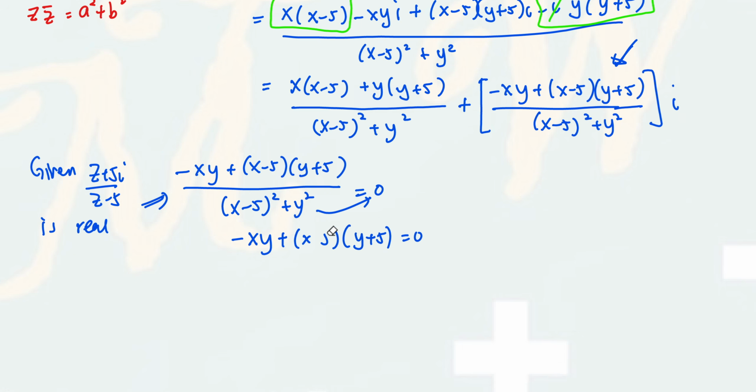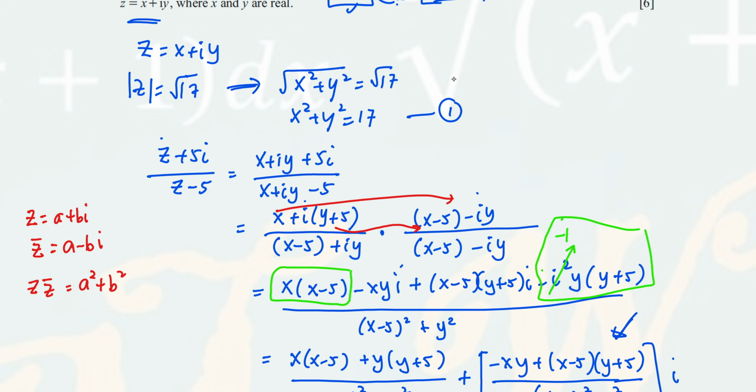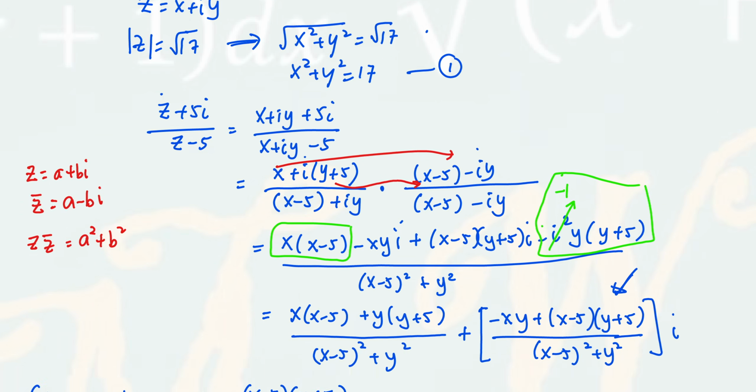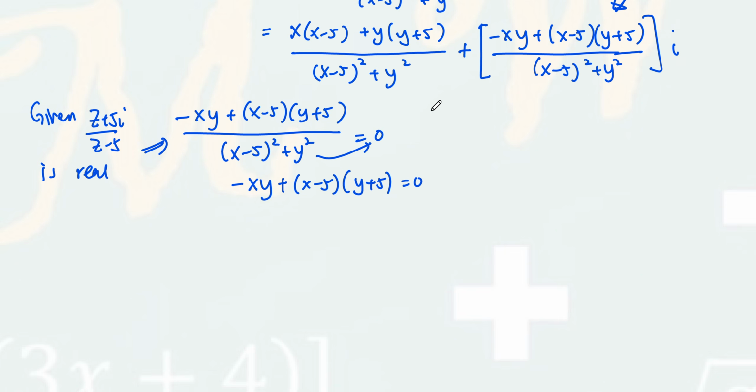We need to solve for the complex number, which means we need to solve for x and y. We have found the first equation from the modulus. Now the second equation must be found from this current equation, which means I have to do expansion.